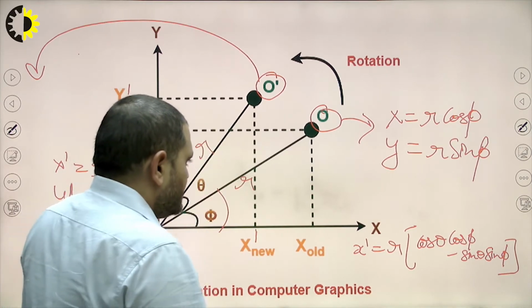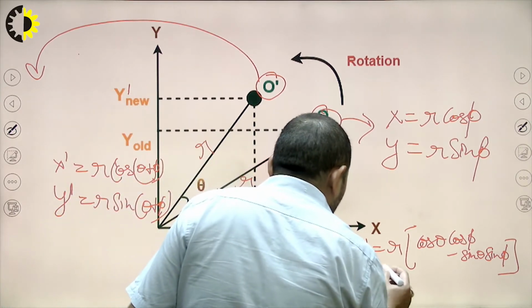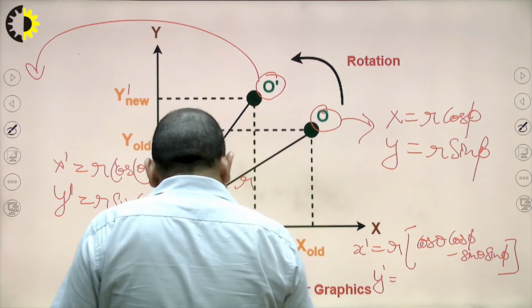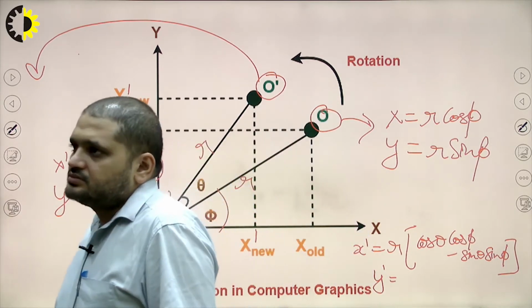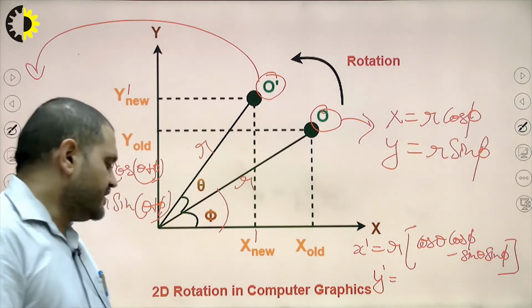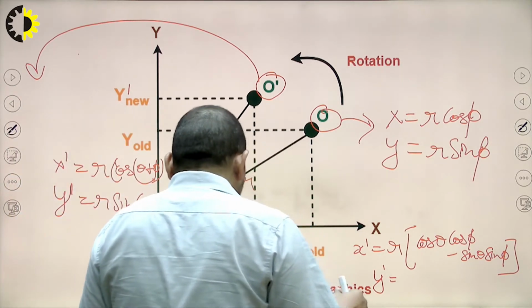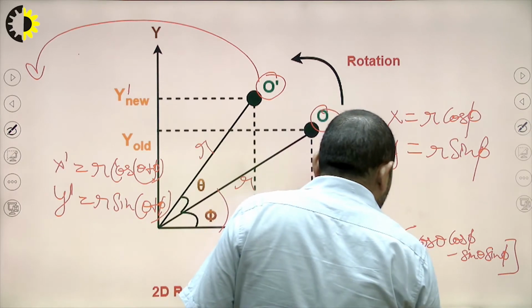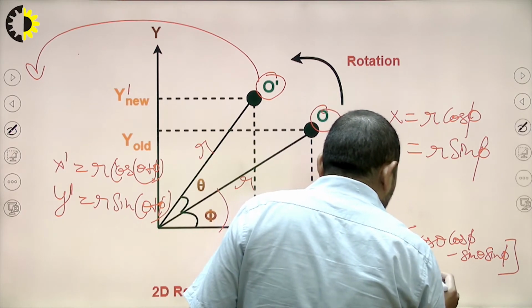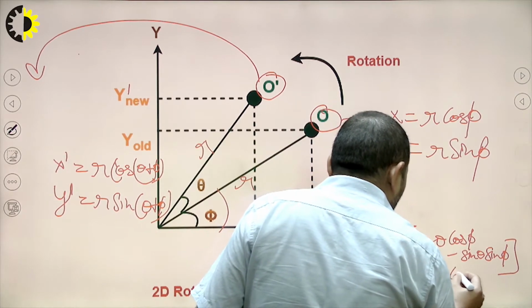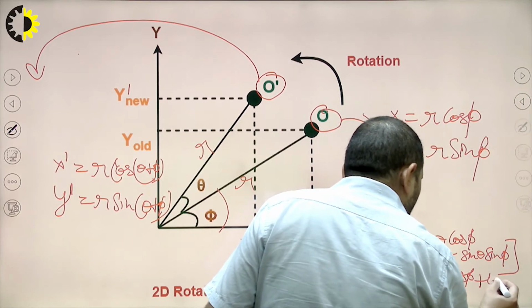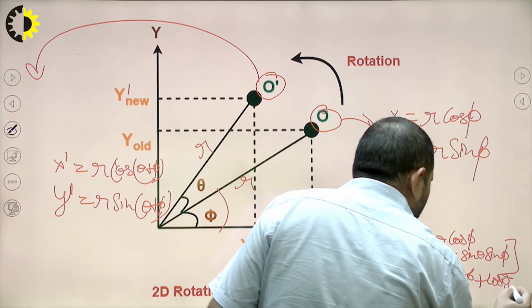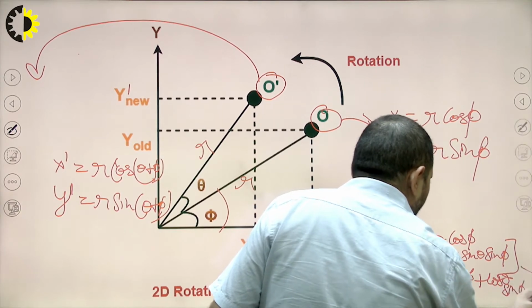Similarly for y dash, sin(theta plus phi) is sin theta cos phi plus cos theta sin phi.